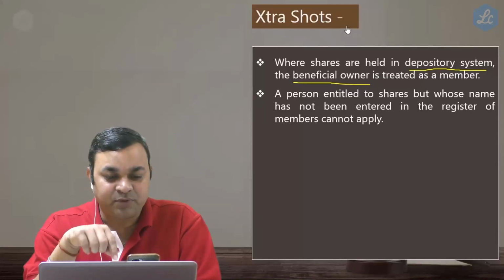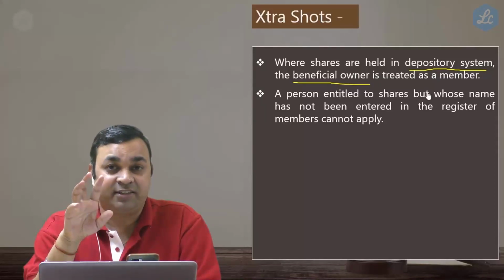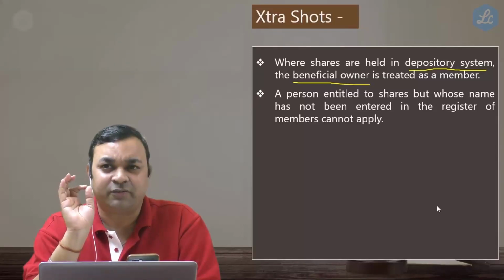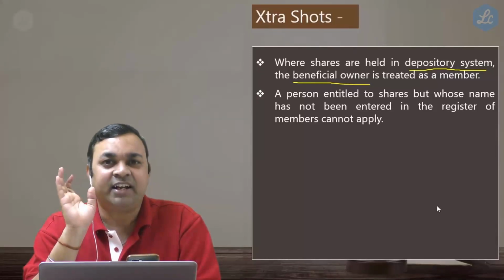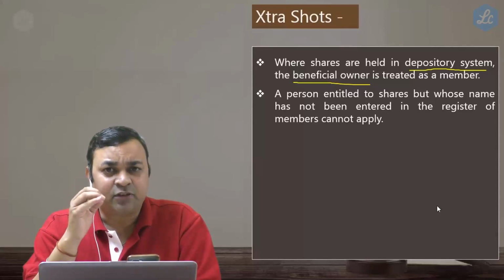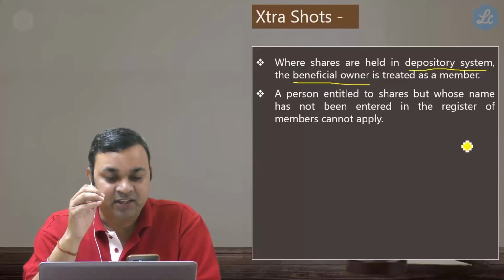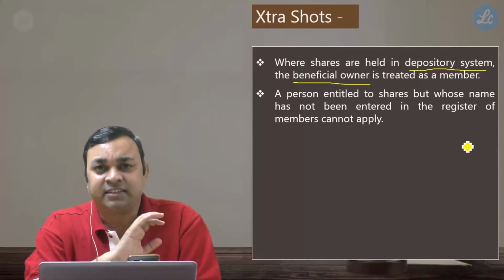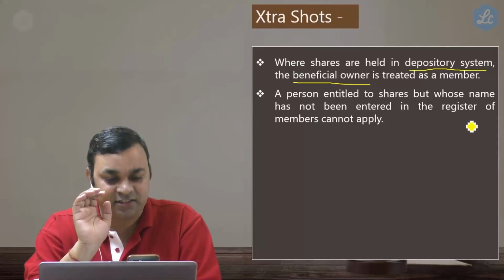In this situation, the person is entitled to the shares, being the only son of Mr. A. He is purely entitled, but as of now, while making the application under section 241, his name is not entered in the register of members.